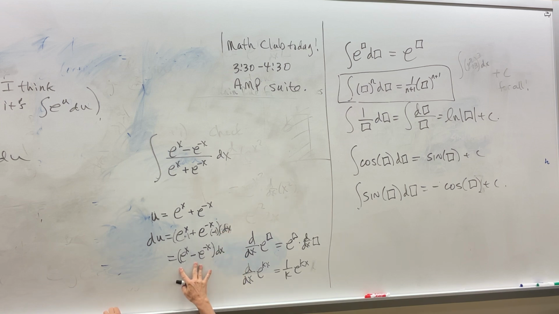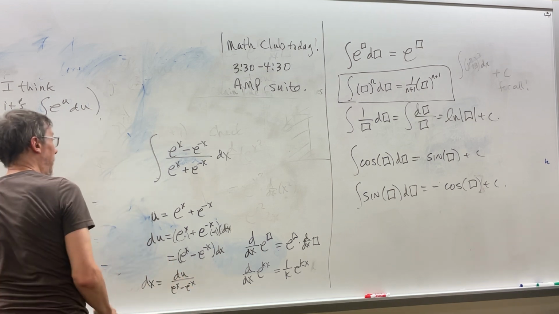Do I see this anywhere in the problem? The top. Yes, the numerator. When you do this and you start to see patterns that are in the original, you are on the right track. So now I say dx equals du over this beast, e to the x minus e to the negative x. And now I do my sub.